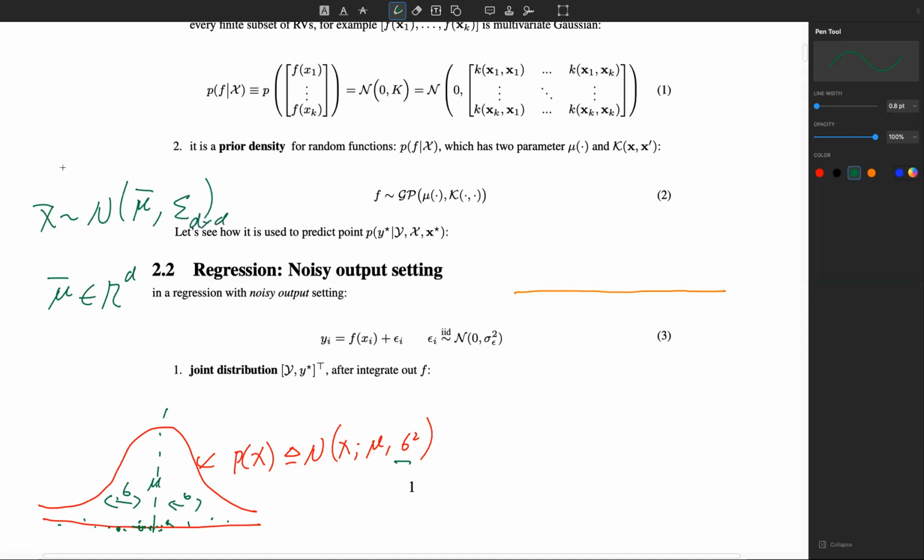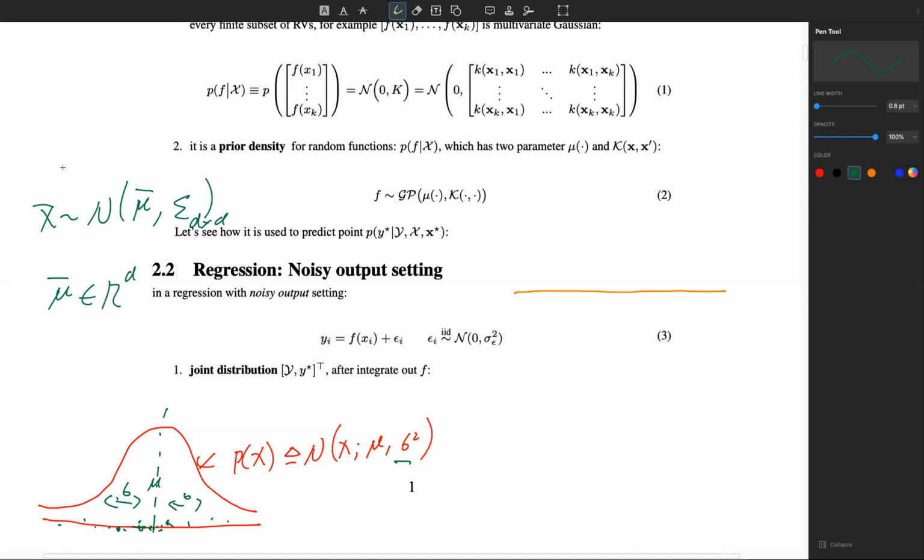So every random variable you draw from that distribution will be a d-dimensional real vector as well.